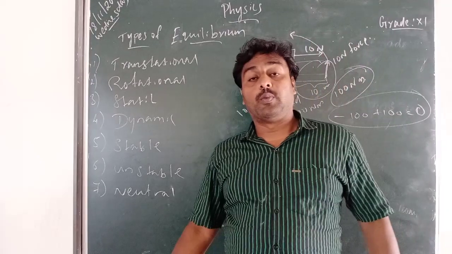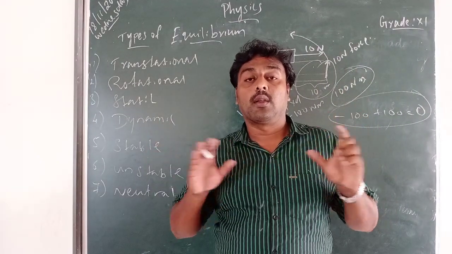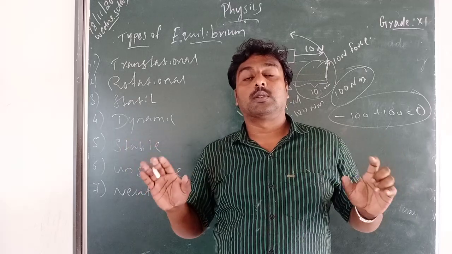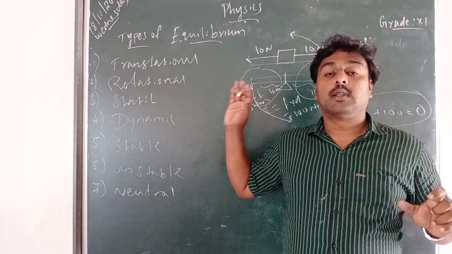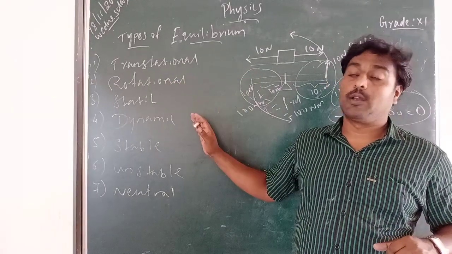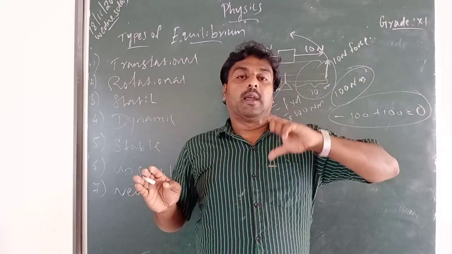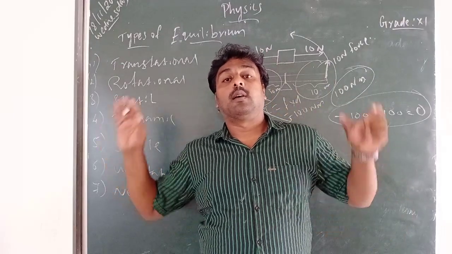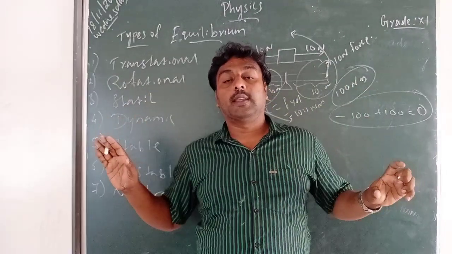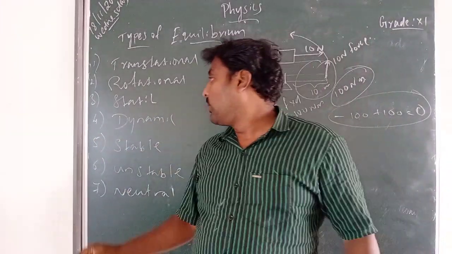In static equilibrium, linear momentum and angular momentum are both constant, and net force and net torque acting on the object are 0. Dynamic equilibrium is also the same: linear and angular momentum are constant, and net force and net torque are 0. This is about the 4 types of equilibrium.